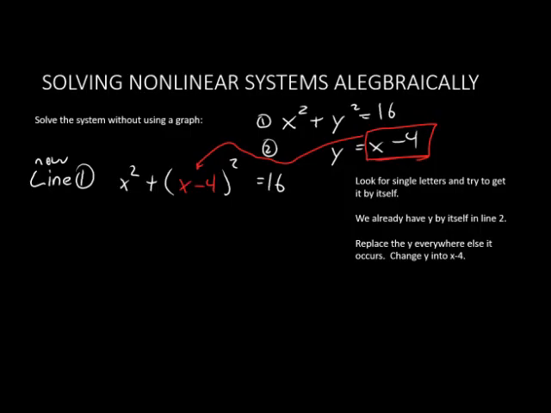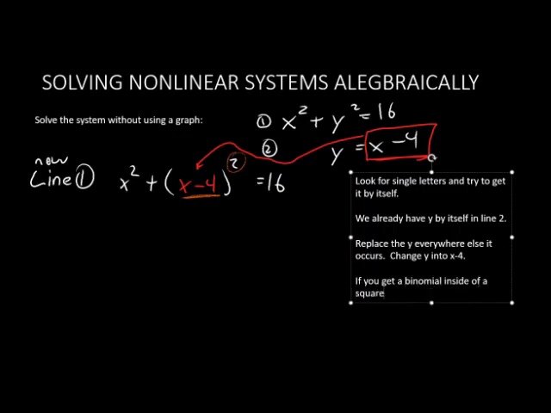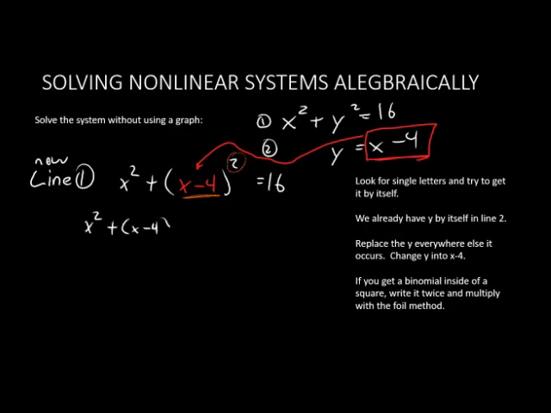However, to simplify, we might notice that we have a binomial inside of a square. Anytime you have a binomial inside of a square, we write the binomial twice and multiply with the FOIL method. Therefore, our new equation will be x squared plus x minus 4 times itself, x minus 4, equals 16.